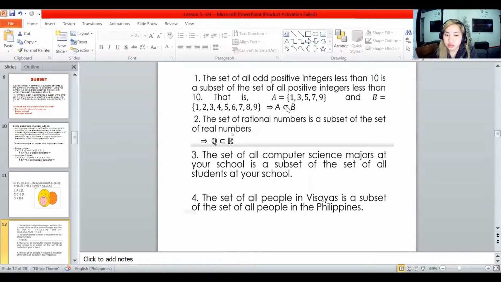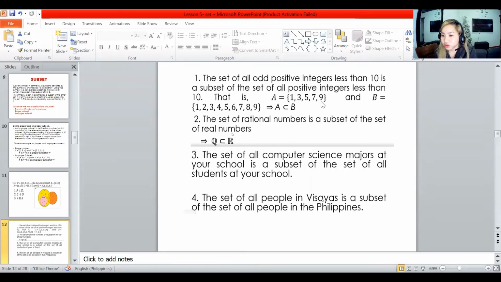Again, proper subset, yung mga elements ni A is present sa elements ni B. Pero may mga elements si B na wala kay set A. So, ano-ano ba yon? Ang elements ni A are 1, 3, 5, 7, 9. Si B naman 1, 2, 3, 4, 5, 6, 7, 8, 9.